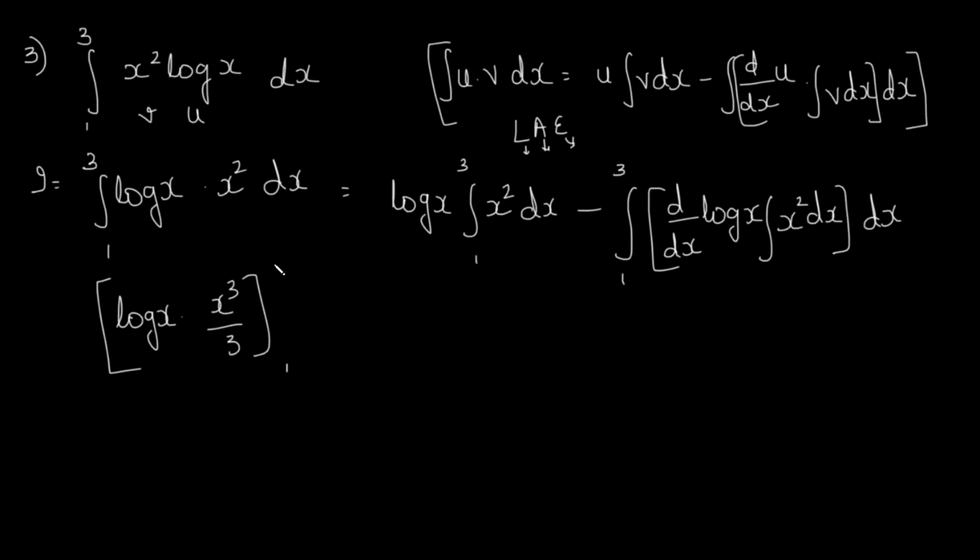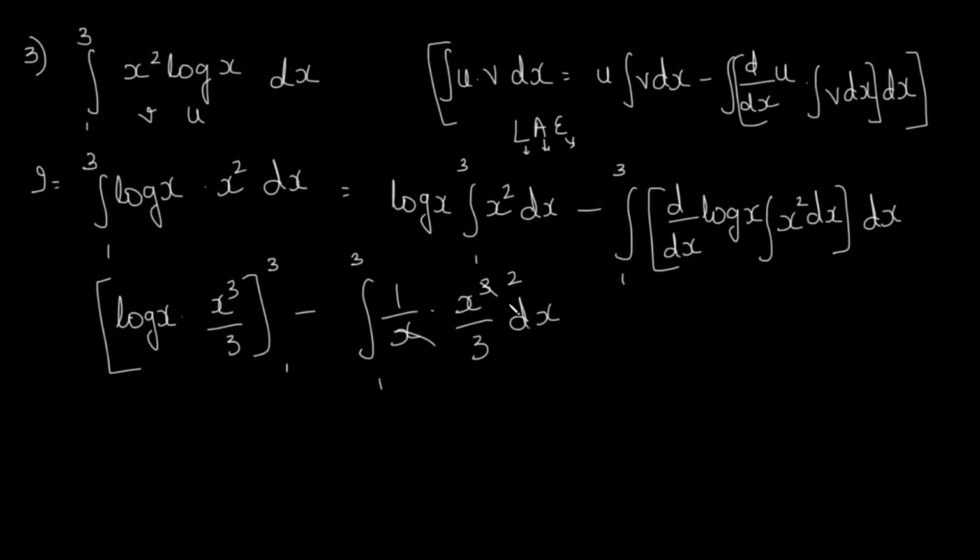So this finishes the first term, minus the integral of d/dx of log x, which is 1 upon x. The differentiation of log x, you know, is 1 upon x. And the integral of x square dx becomes x cube upon 3, dx. The sum is not complete because we have not removed this integral sign. So we cancel out this x and x cube term.